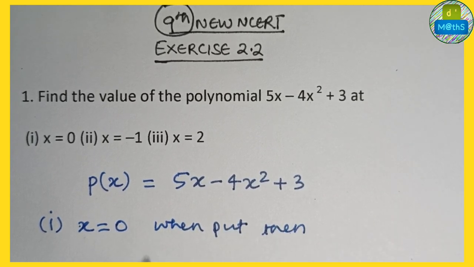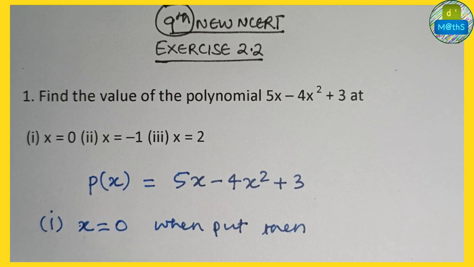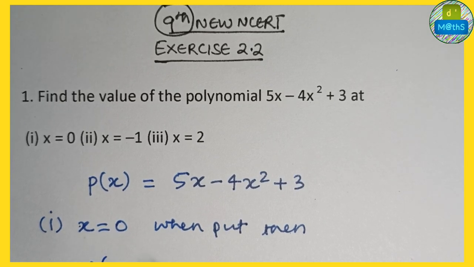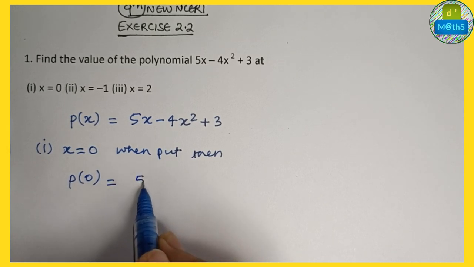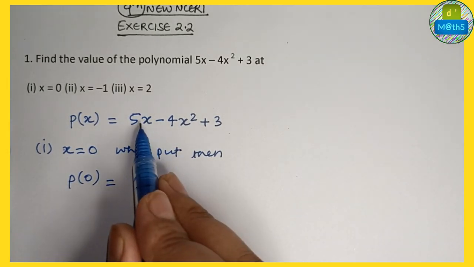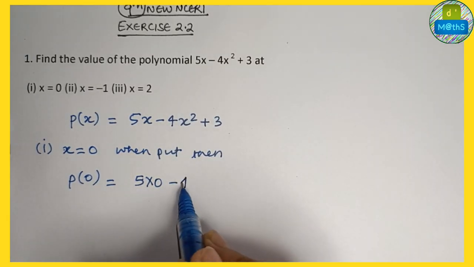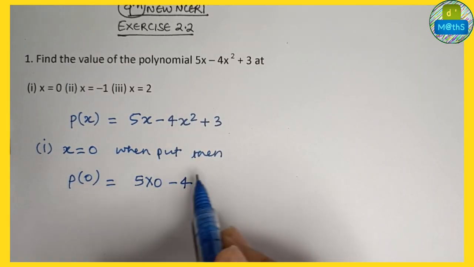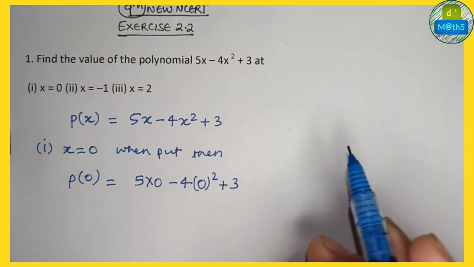We are going to solve the first one, that is when we put x equals 0. You just have to write 0 at the place of x. So p at 0 will be 5 at the place of x. X is in multiplication with 5, so just write 5 into 0. There is a sign of minus, so write 4, and at the place of x you have to write 0, so 0 square, plus 3, because 3 has no variable.